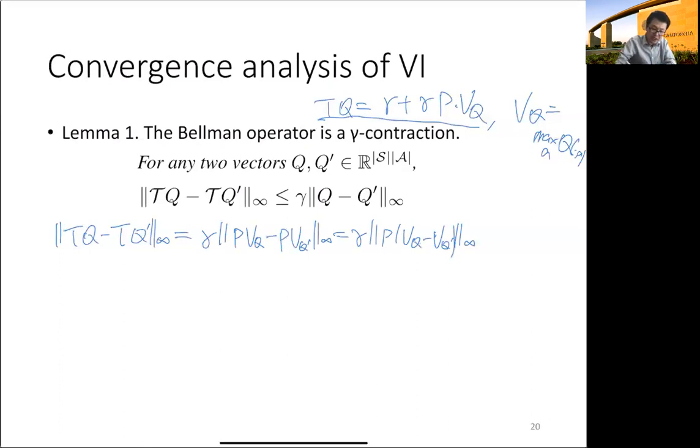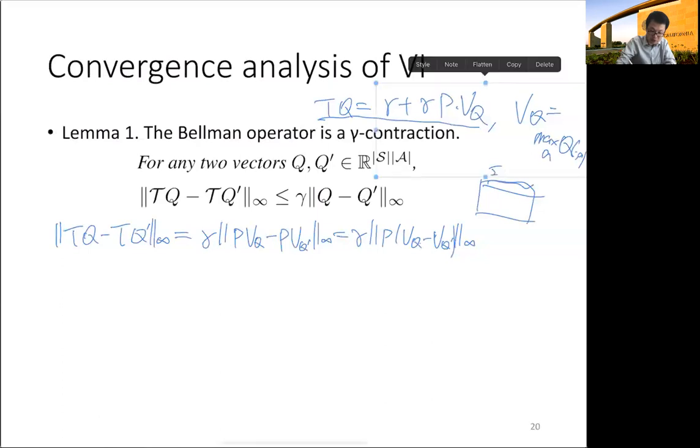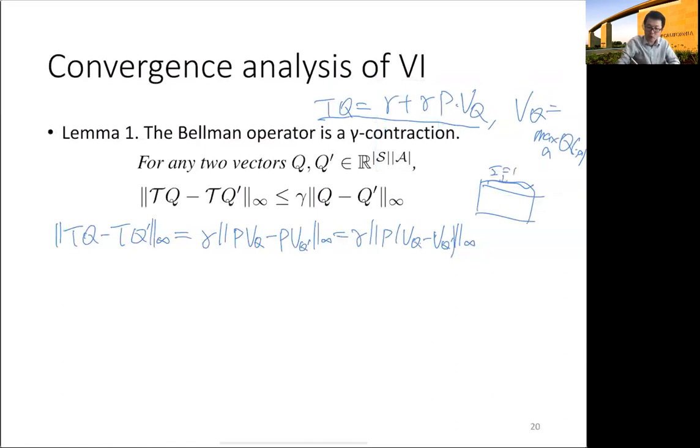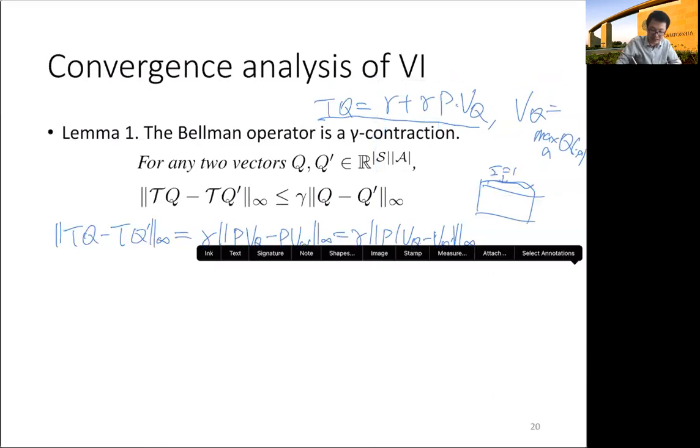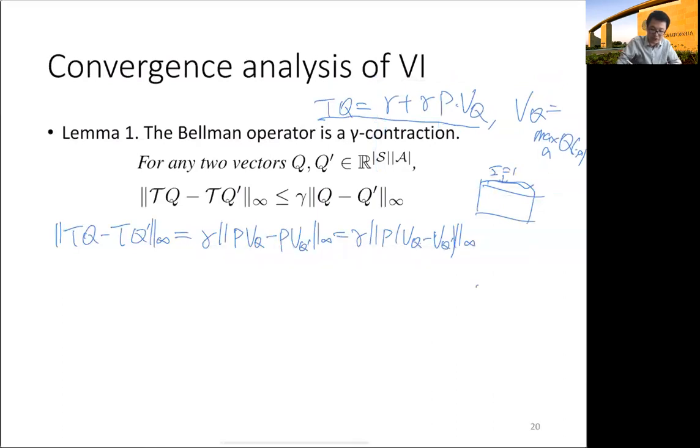So what is this P? Again, P is a matrix where every row is a probability distribution, so every row adds up to 1. We've already seen from the previous analysis of the invertibility of that matrix that P satisfies the property that when we apply it to any vector, the result always gets smaller in terms of the L infinity norm.